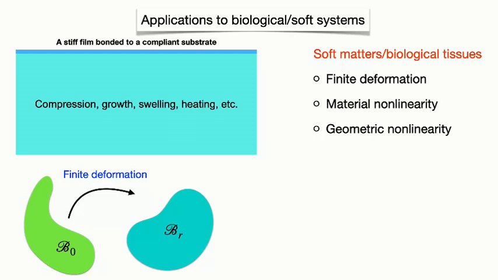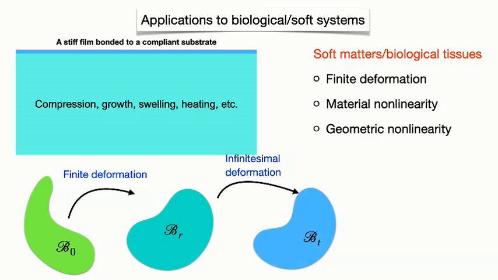If you want to study instability, you can superimpose an infinitesimal deformation to create a final deformation, and because this is an infinitesimal deformation, we call it the incremental theory. Because from this configuration to this configuration, the displacement is incremental. It's very small. The magnitude is very small. For this, we know that we have the nonlinear elasticity framework, a systematic way to deal with instability problems.